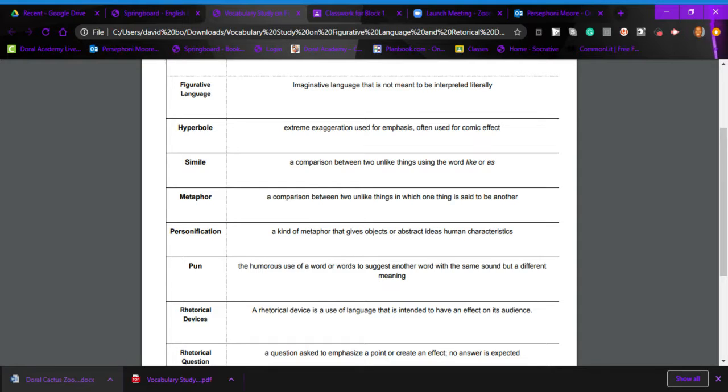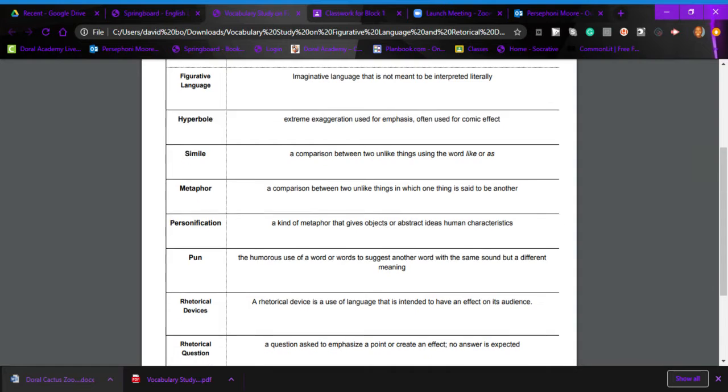Sometimes people use puns like if you were cooking eggs, and you would say, these eggs are excellent today. Oh, well, if you didn't think that was funny, I did. So again, we're using that humorous use of words, and we're trying to make it sound like another, but it has a different meaning. All right.